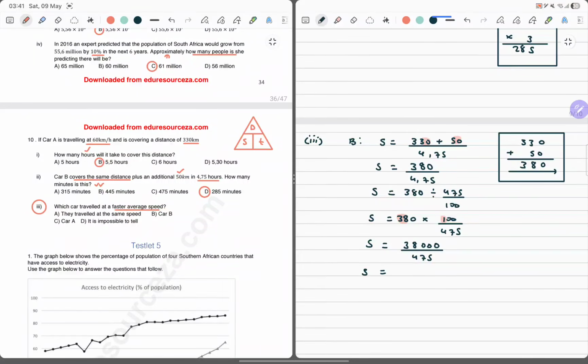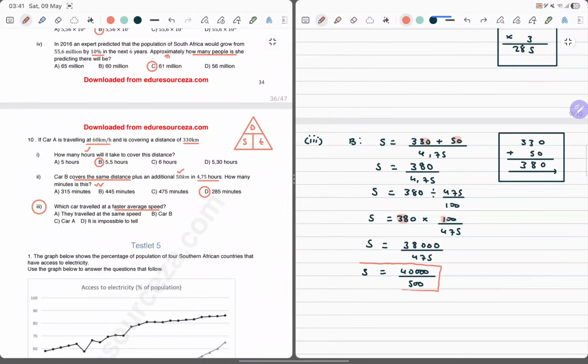It's equal to this one. 38,000 is as good as 40,000. Right? We are estimating again because this would break our minds. Then this one is close to 500. We don't want our minds to break. So here we are doing what is called estimation. We are estimating, my friends.